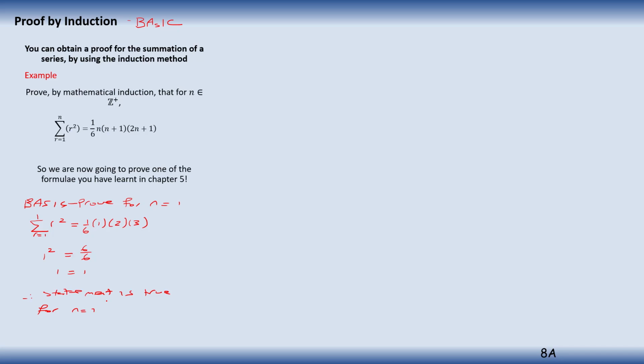Okay, so going by basis, our next step is the assumption. Trying to save space here. And we assume that it's true for n equals k.